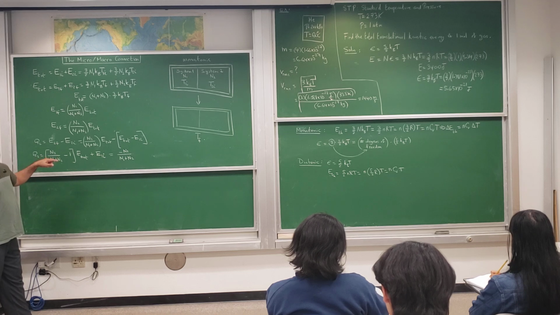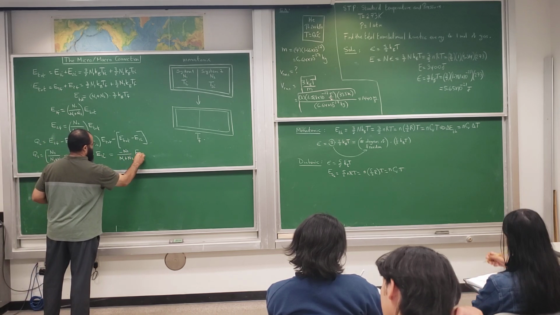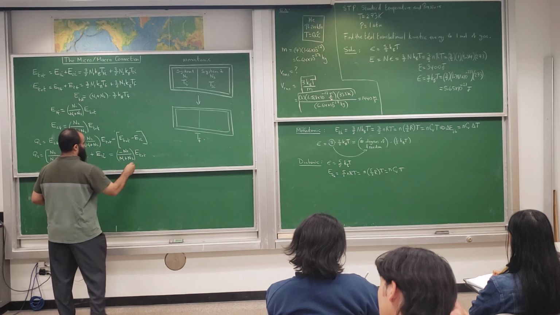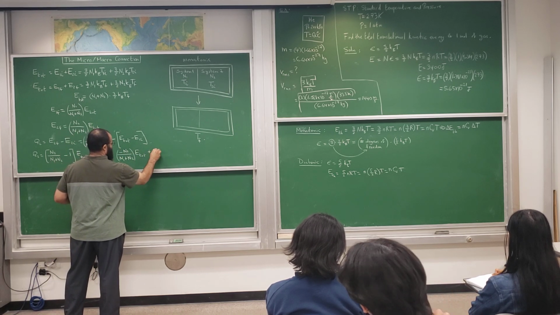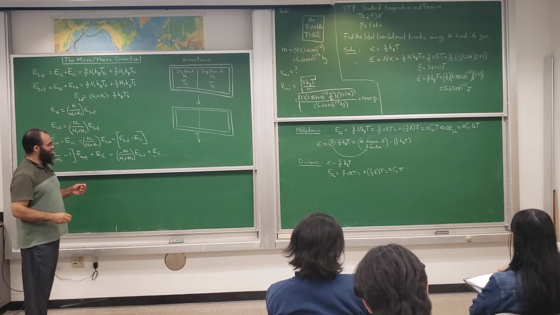The N2 cancels the other N2. And then E total plus E1 initial, getting there.